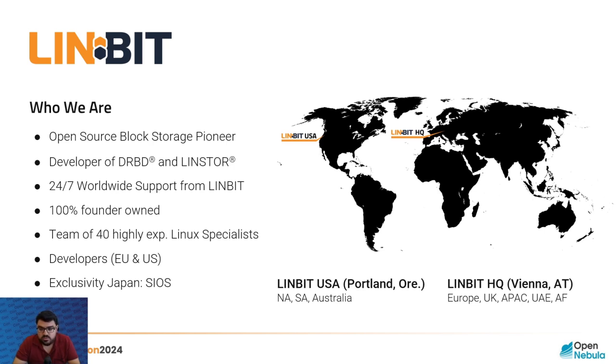Our team consists of highly experienced Linux specialists, and our developers are placed in both LINBIT headquarters and also LINBIT USA. We have exclusive partners also all around the globe. We have SIOS in Japan. We have different partners in Africa, Turkey, and many other countries or areas.